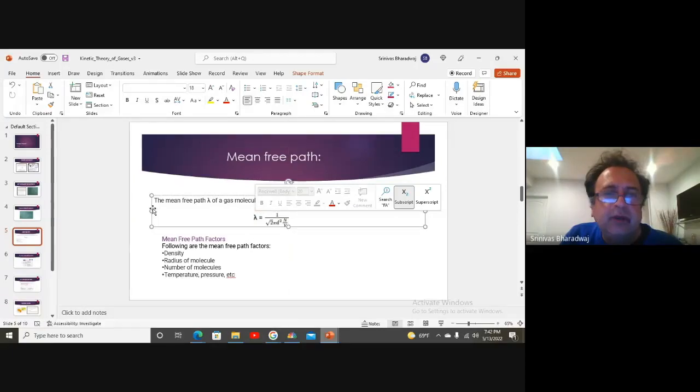So the mean free path of a gas is given by this complicated formula, and it is dependent on the density, the radius of molecules, and the number of molecules.